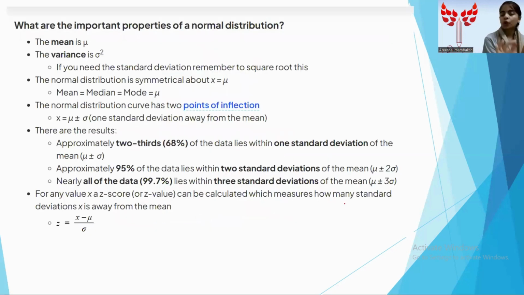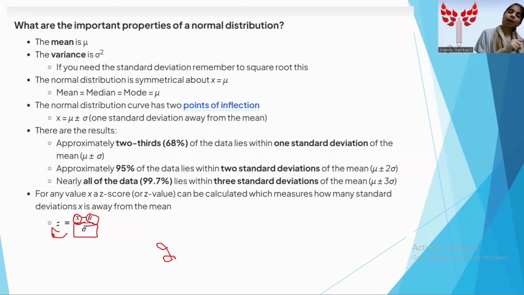There is one more important thing as well, and that is the Z-score. It actually measures how many standard deviations an X value is away from the mean. You take the X value minus the mean and divide it by the standard deviation. If Z comes out to be 2, it tells you that you are 2 standard deviations away from the mean.